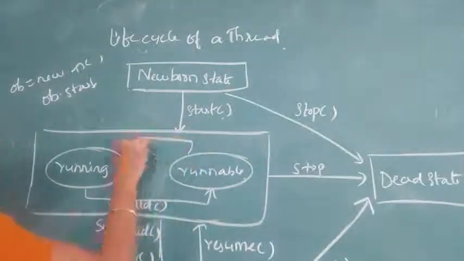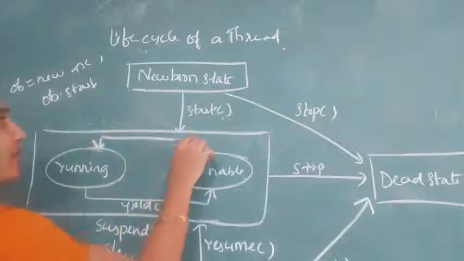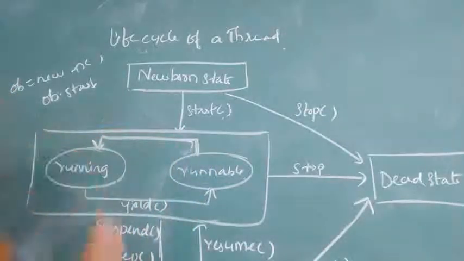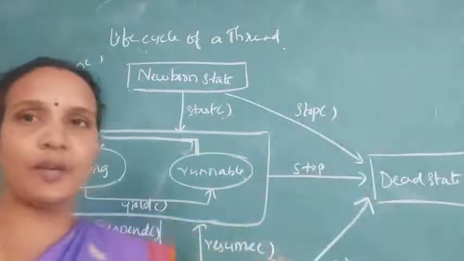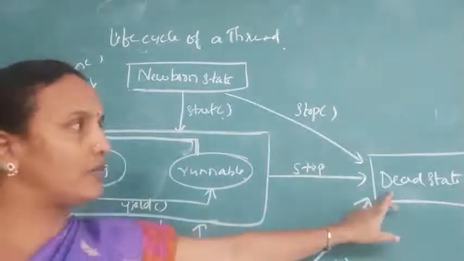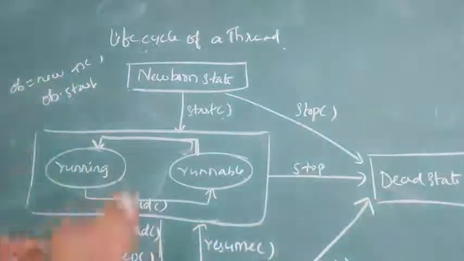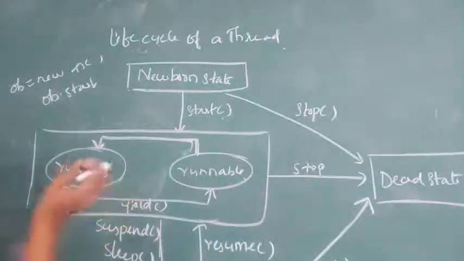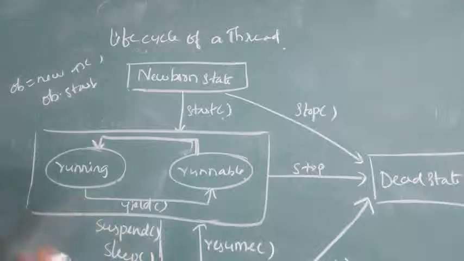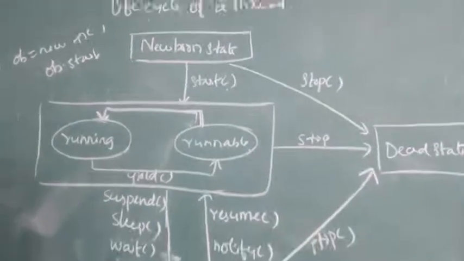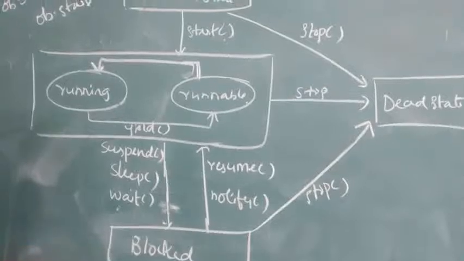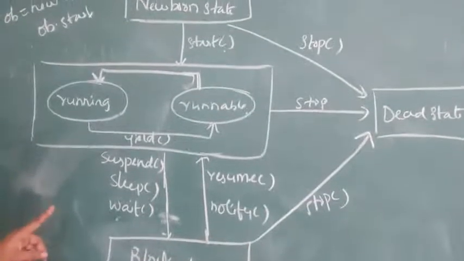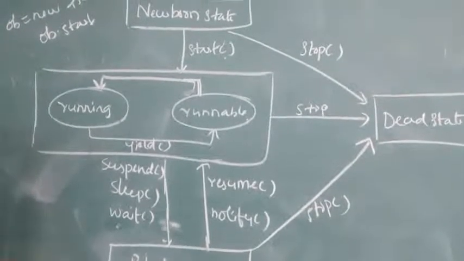When the thread completes its execution and the complete program execution is over, that is the dead state. And if the thread is running and, for some technical reasons or input and output, it is waiting, then the thread is in a blocked state. So these are the different states involved in a thread life cycle.